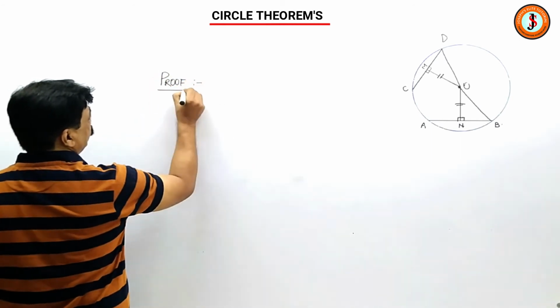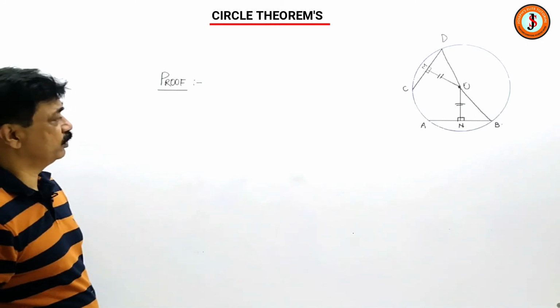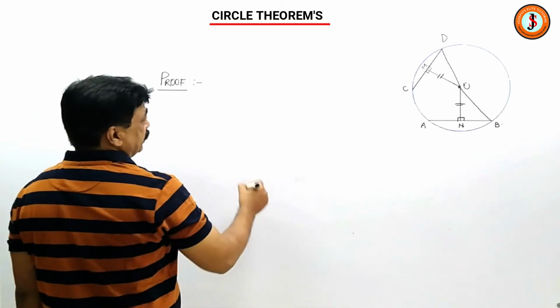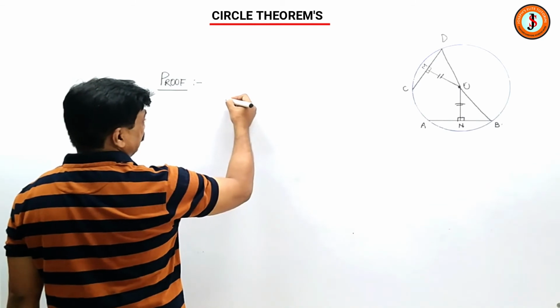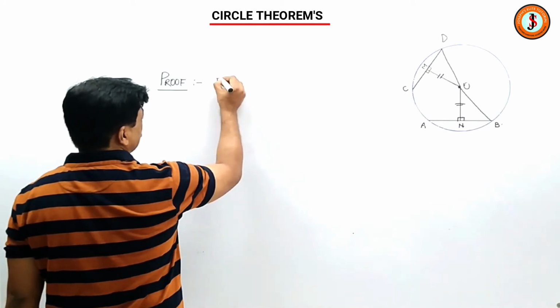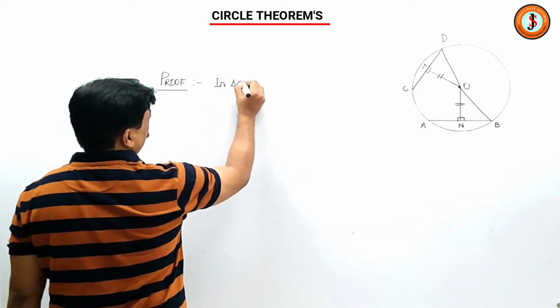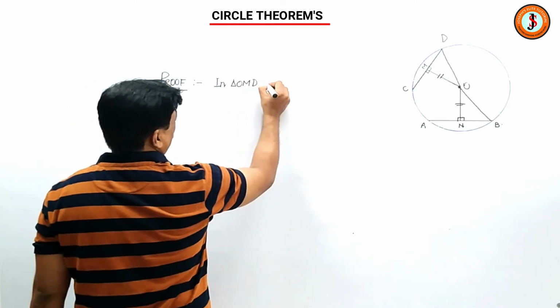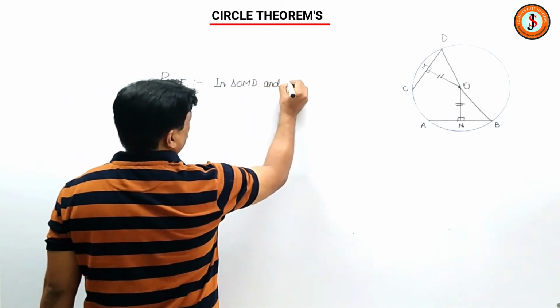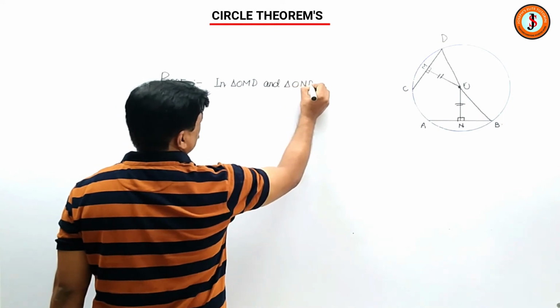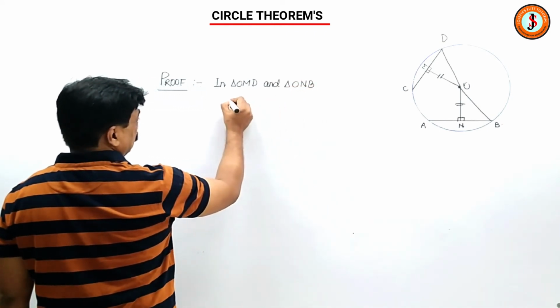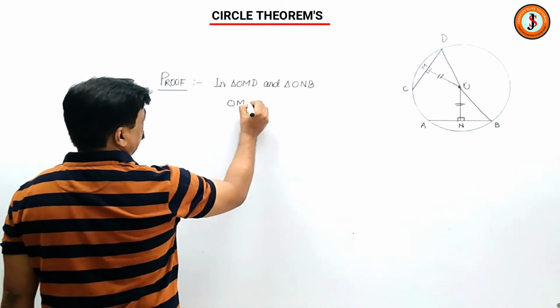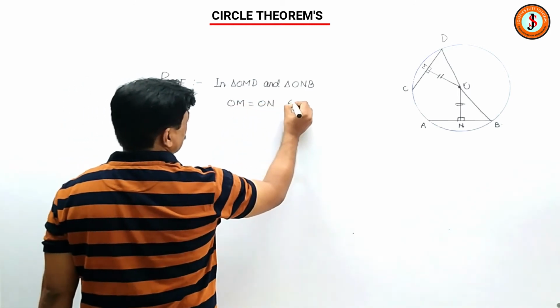So we now take up the proof. In triangle OMD and triangle ONB, what happens? OM is equal to ON. This is given.